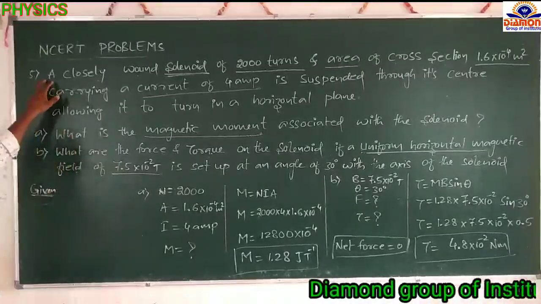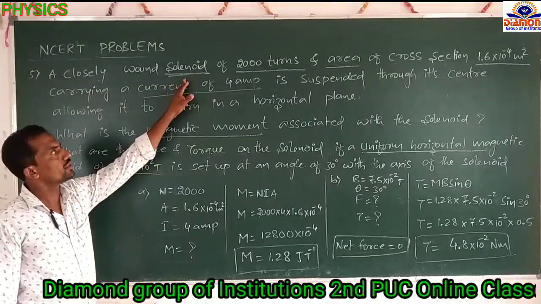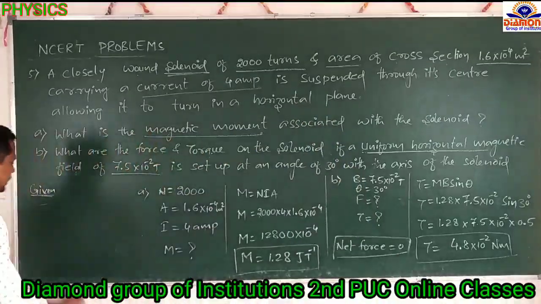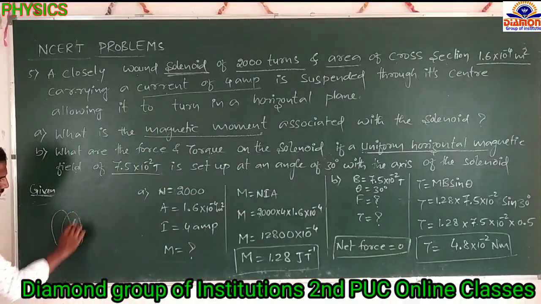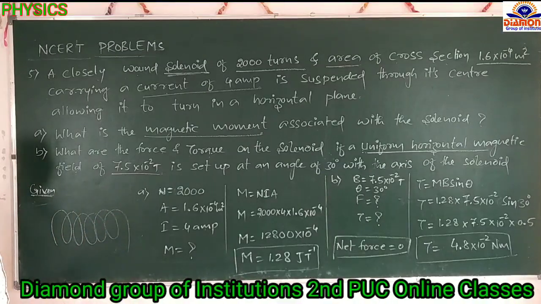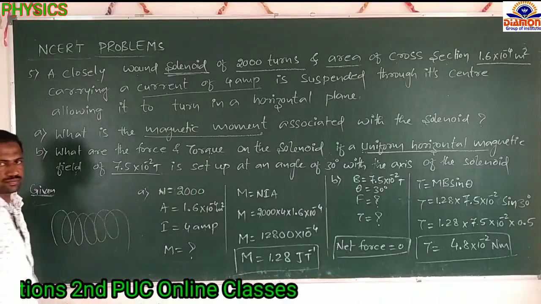The next one: a closely wound solenoid of 2000 turns. Imagine this is one solenoid, and this solenoid has 2000 turns. Means n value is given. Number of turns is 2000.